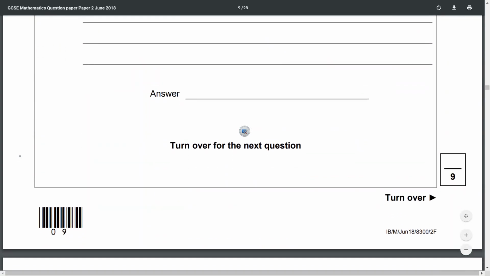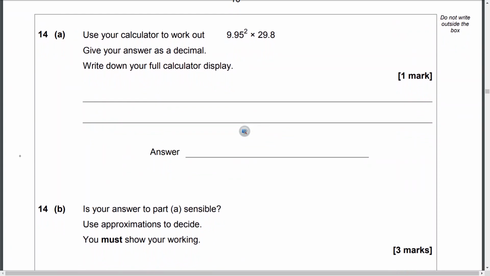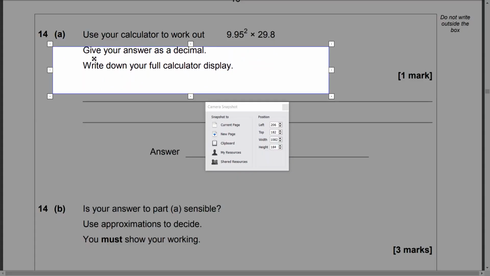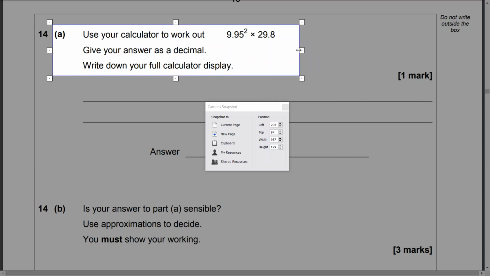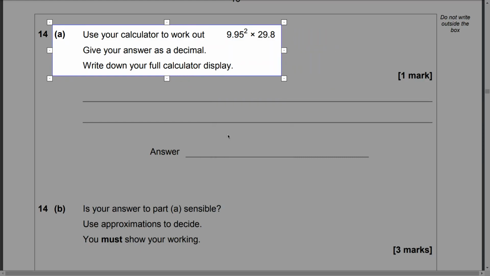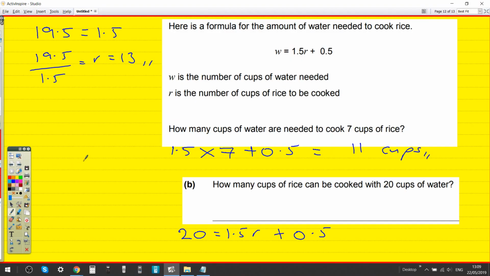Any questions there? So obviously, if this was an exam and I was to tackle this question, I would have done it as 1.5R plus 0.5 equals 20, and it probably would have sent my head spinning. So is the key to pay attention to what they're interested in?